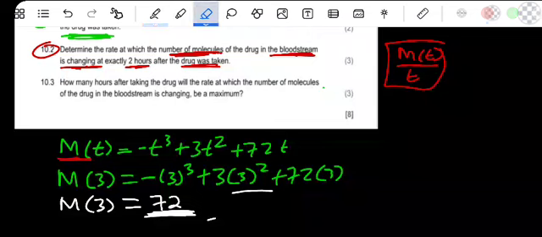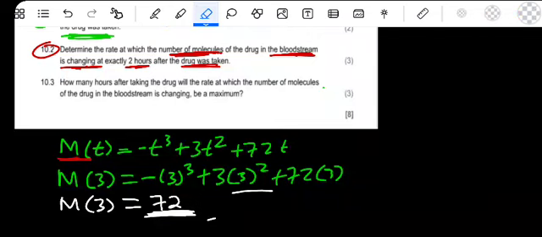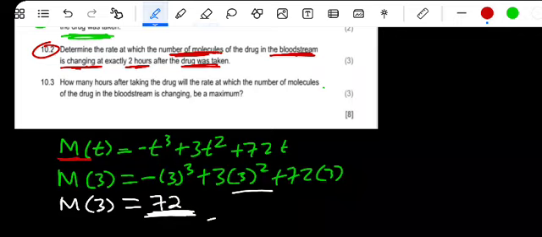In mathematics, when we talk about rate, that fraction will be the first derivative.